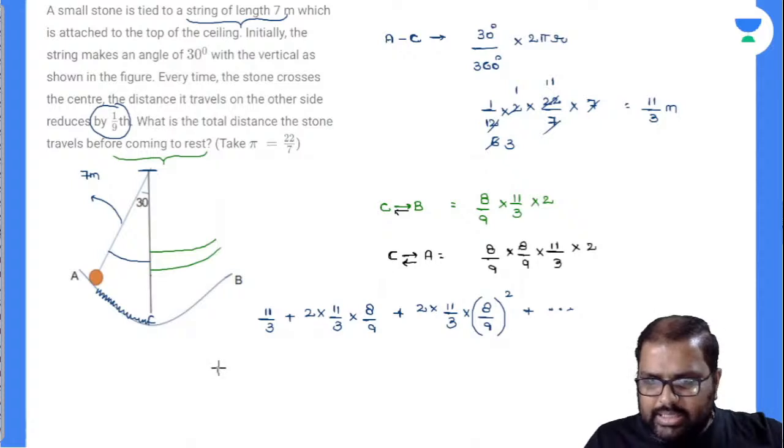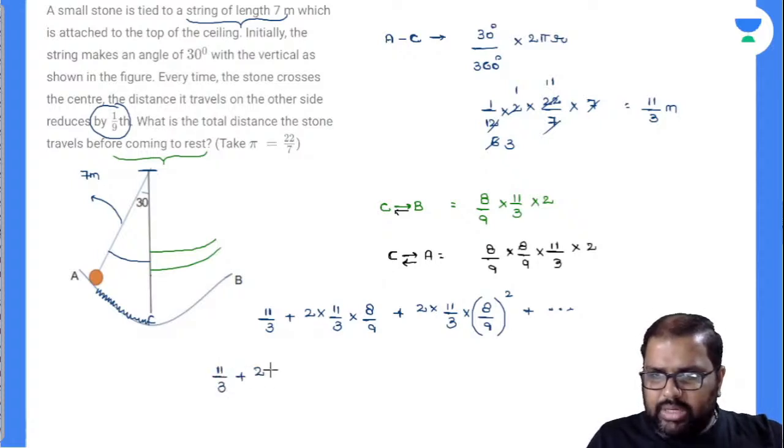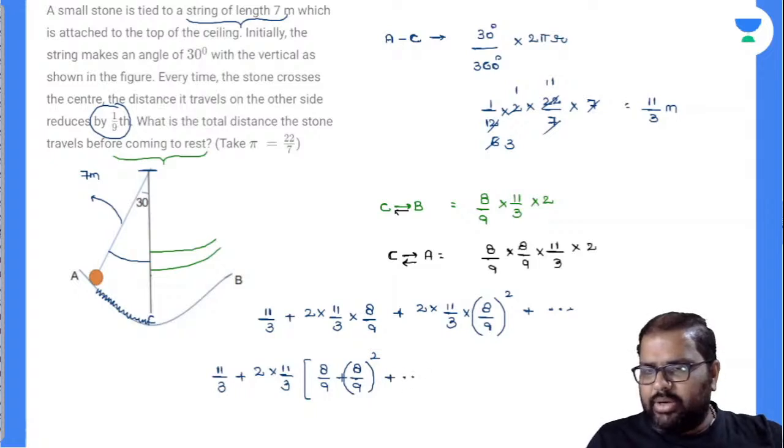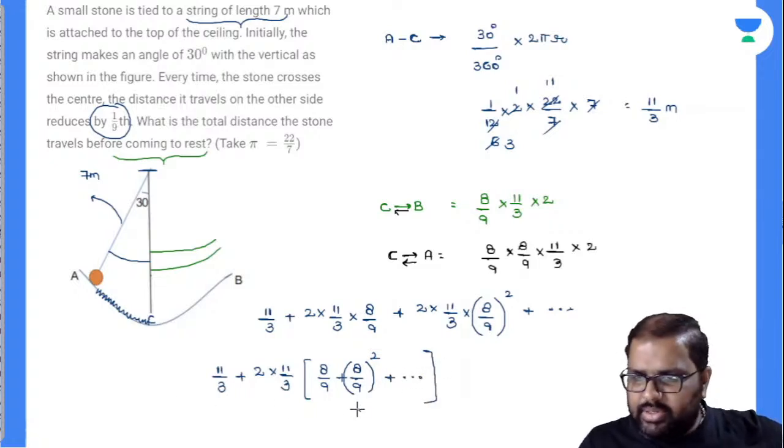I can write it as 11/3 plus 2 into 11/3 taken common. Now what will the bracket value be? It will be 8/9 plus 8/9 whole square plus 8/9 whole cube, and so on. The bracket is exactly in the format of an infinite geometric progression. Will you accept that? So how to calculate this? The sum of an infinite geometric progression when the r value is less than 1.